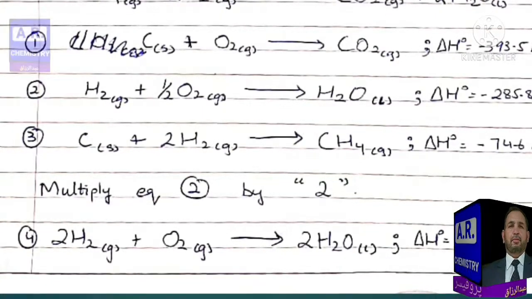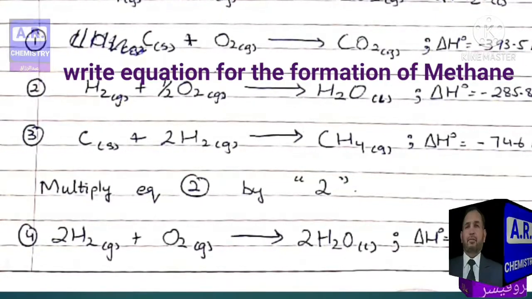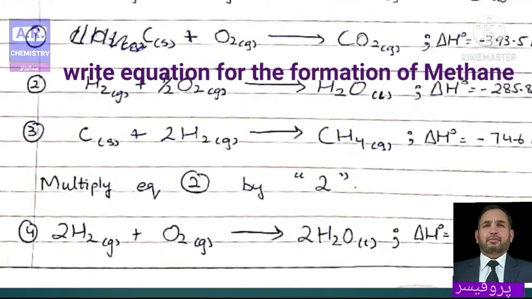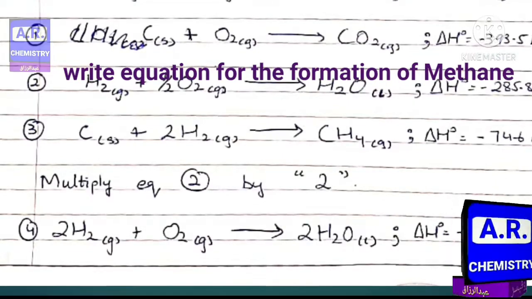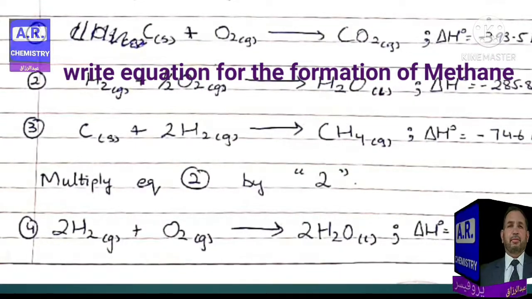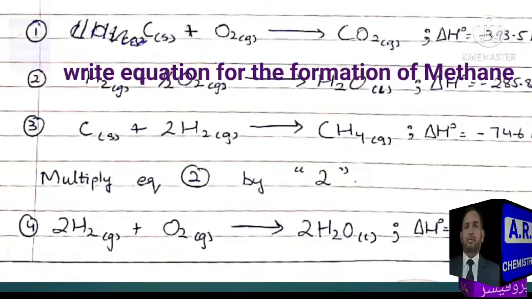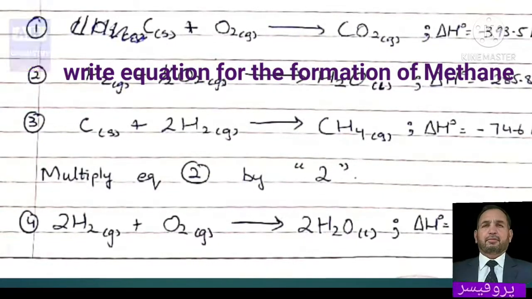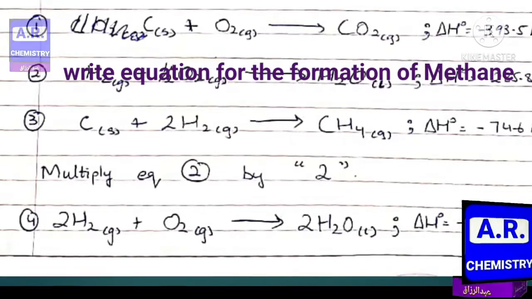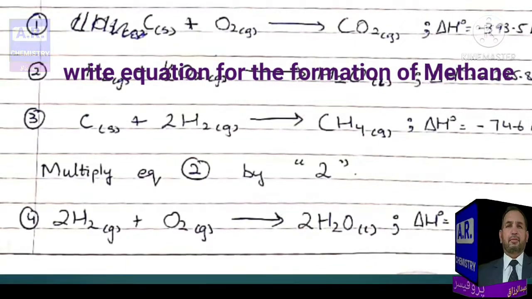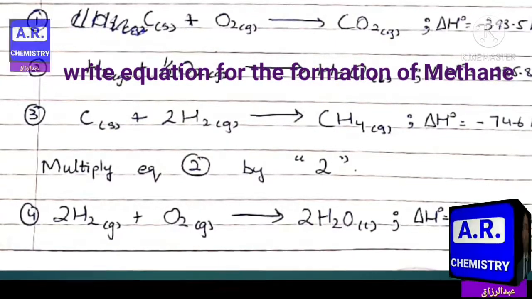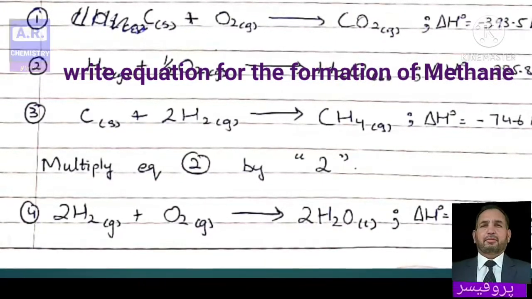Now, after writing these two equations in the data, the third enthalpy of formation given is of the compound methane. So write an equation for the formation of methane. On the reactant side, you write carbon plus 2H2, carbon in solid state, 2H2 in gaseous state, then arrow, and after the arrow you have CH4, that is methane.